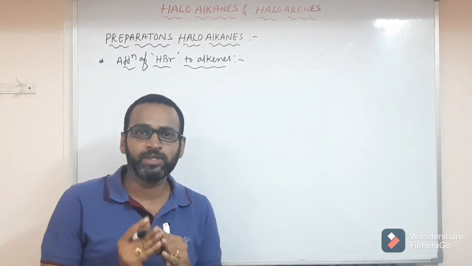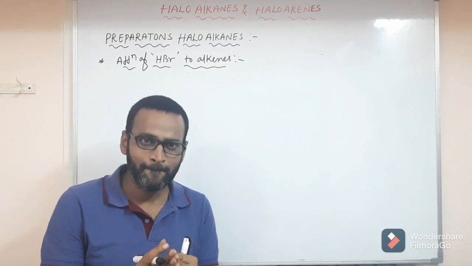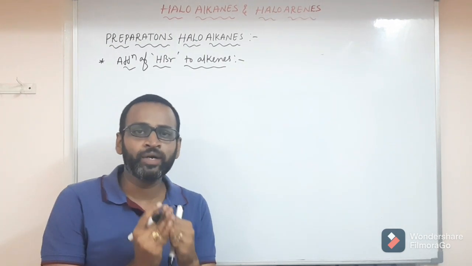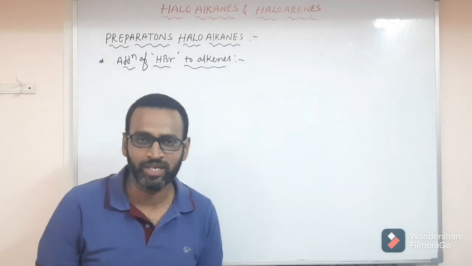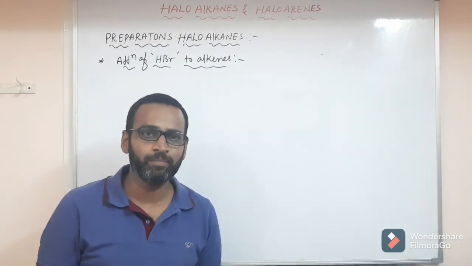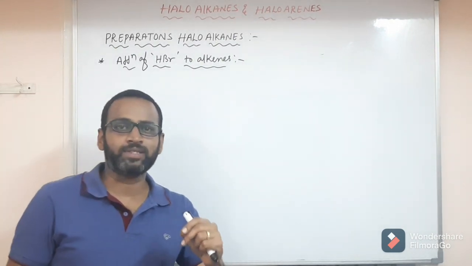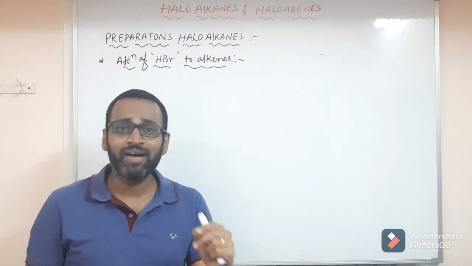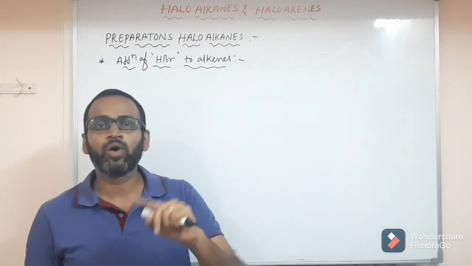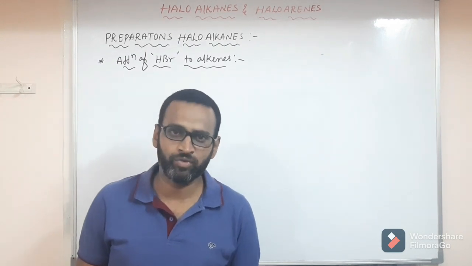Addition of negative species to the double bonded carbon should be done to the double bonded carbon which has fewer hydrogens. That is very, very important. So I repeat, according to Markovnikov rule, the negative species should add to the double bonded carbon which has fewer hydrogens or no hydrogen. That is called Markovnikov rule actually.